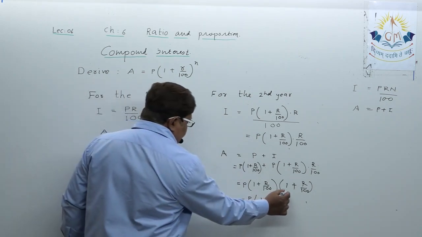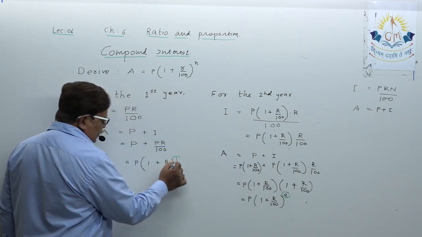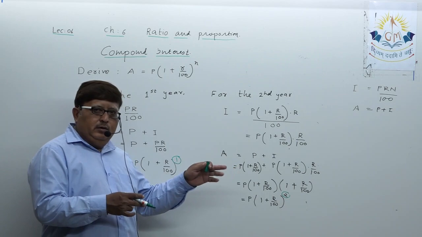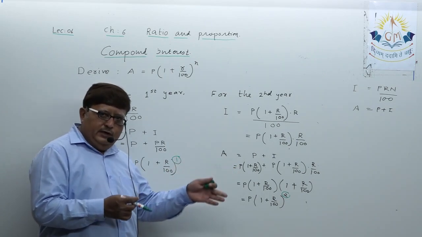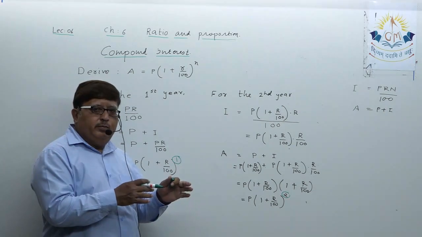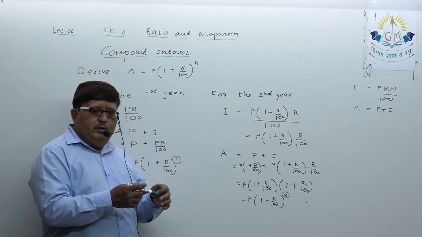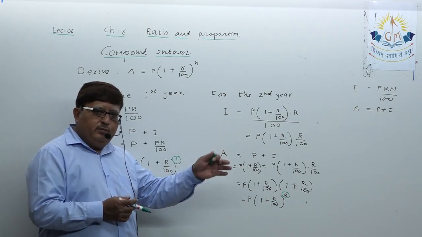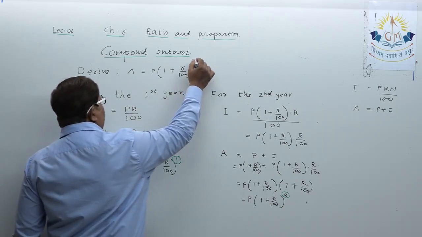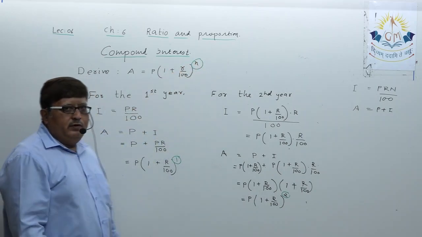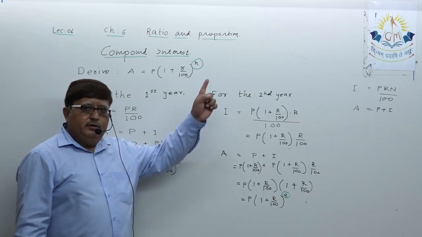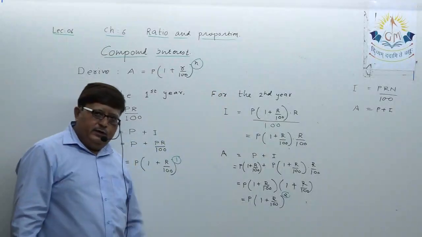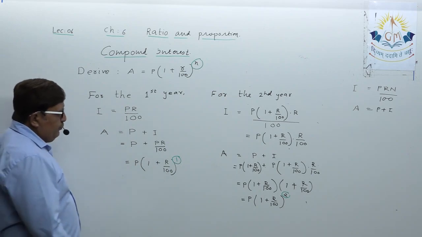And here the power is 2. Here power is 1. If you go for the third year, power will be 3. Fourth year, power will be 4. Fifth year, 5. Sixth year, power will be 6. So power 1, 2, 3, 4, 5, 6. Instead of writing that, we are writing n. Understand? n means if first year 1, second year 2, third year 3, fourth year 4, fifth year 5. So this is the way.